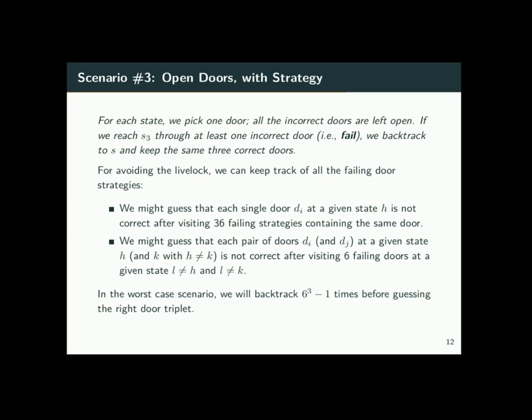So H, K, and L are just numbers of doors, and they're just providing a formalistic interpretation. But if you cross out all the formal parts and read it in plain English, we might guess that each pair of doors at a given state is not correct after visiting 6 failing doors at a given state. It should also make sense. Does the sentence make sense even without the math?